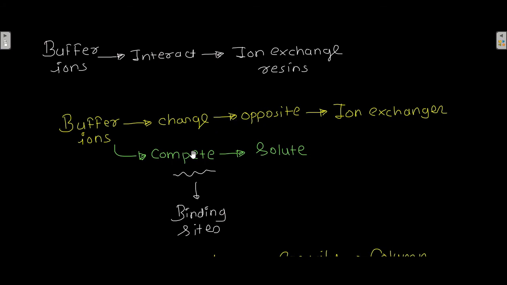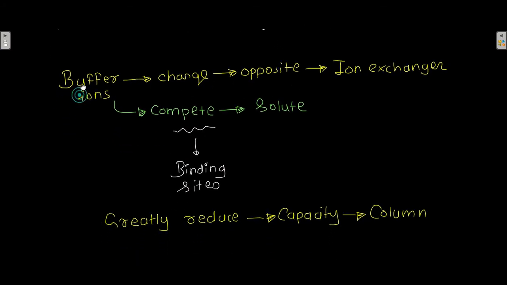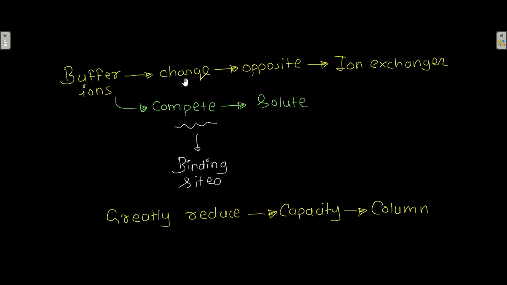The buffer ions which have charge opposite to the ion exchanger will compete with the solute for the binding sites on the ion exchanger, and because of that, the capacity of the column is greatly reduced.